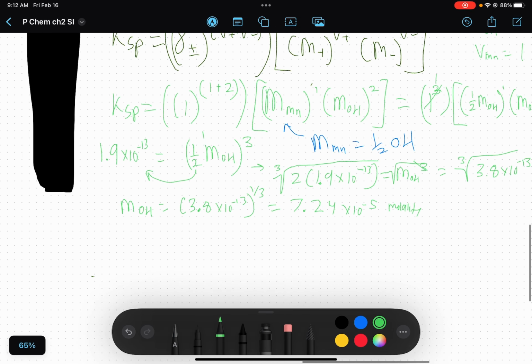And then from there we can use that Mn is equal to 1/2 OH.